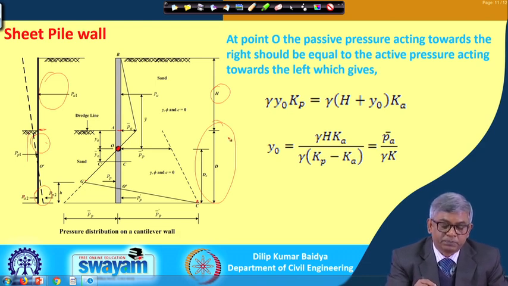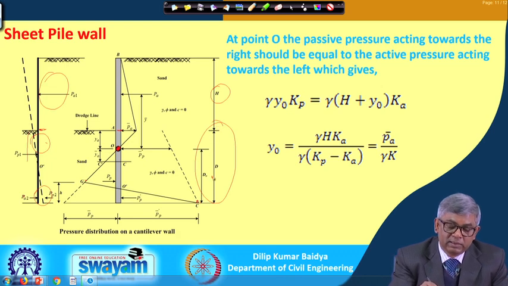So, here you can see that d is the total embedment depth, and based on this pressure diagram I can show two parts: d naught, from where the pressure becomes 0 to the end, and from the dredge level to where the pressure becomes 0, that distance is suppose y naught.